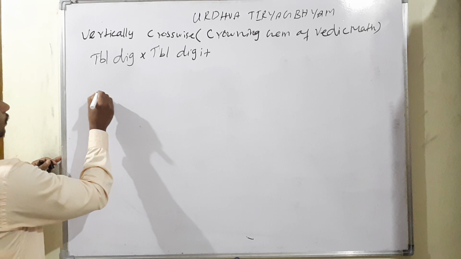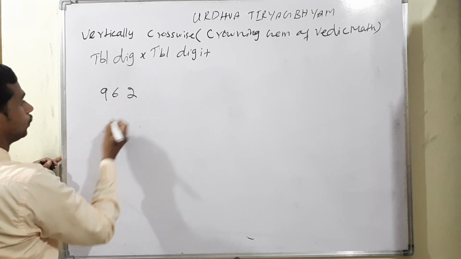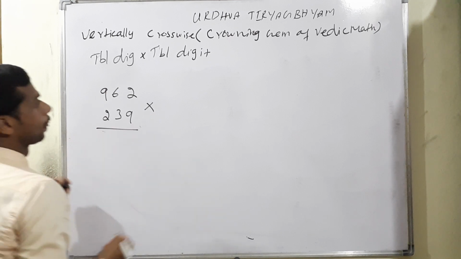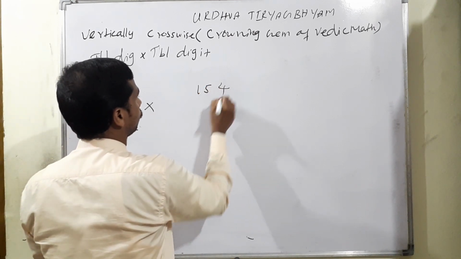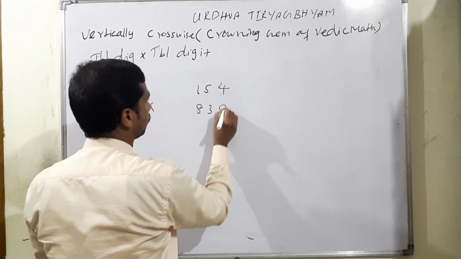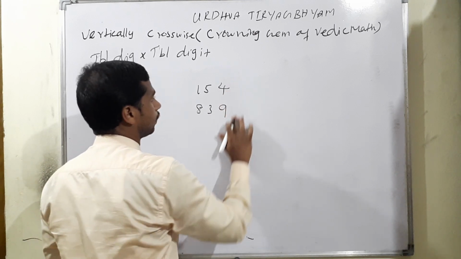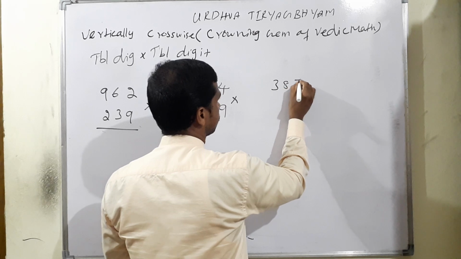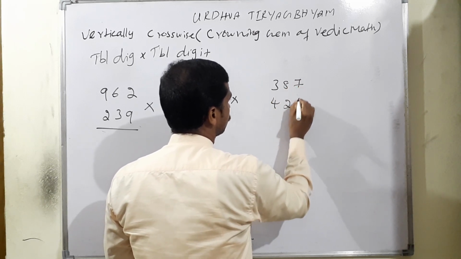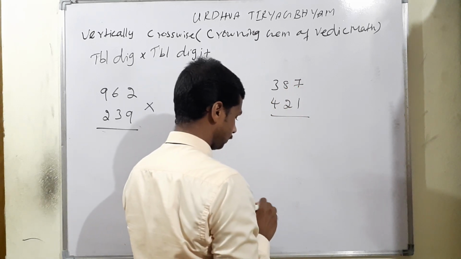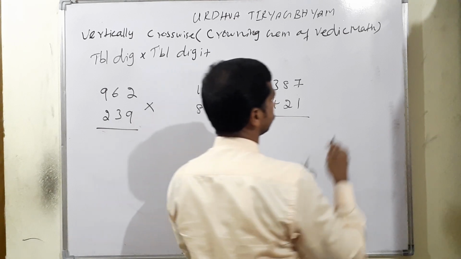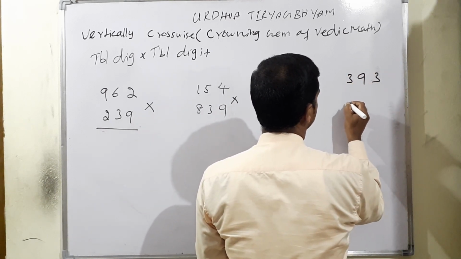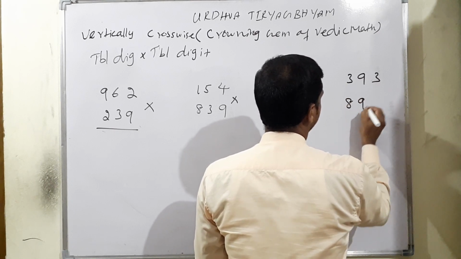Some number 9 6 true. True 3 9 into 1 5 4 8 3 9, then 3 8 7 4 2 1, 3 9 3, 8 9 7.